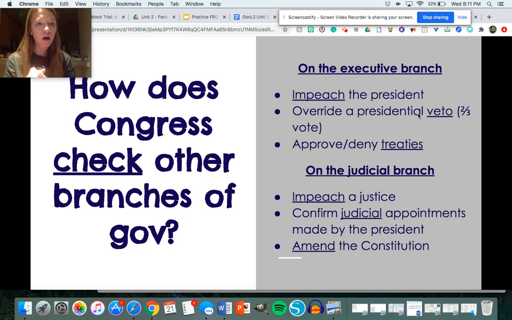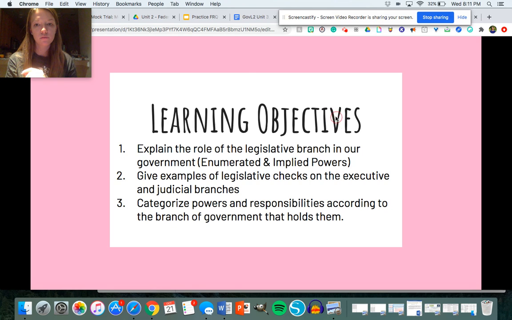And then if Congress doesn't like the way that the judicial branch interprets a law, they can amend the Constitution or pass another law that kind of overrides that ruling. Right? And we will talk about most of these things in a little bit more depth. But like I said, as a broad overview, that's how Congress checks the other branches of government.